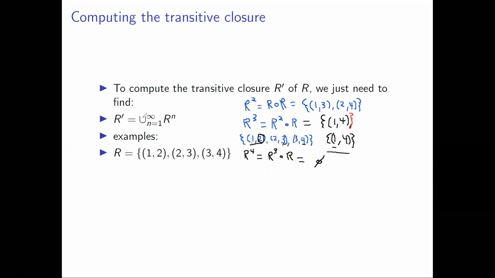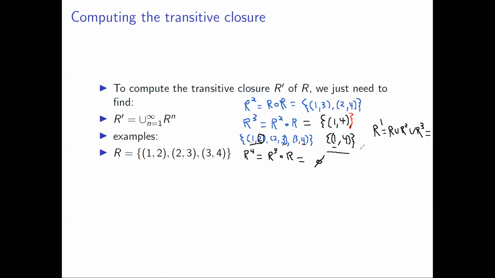So the union, it's actually just a finite union. But we write the infinity there because past a certain point, it's all empty sets. So our transitive closure for this one, r prime, is just equal to r union r squared union r cubed, because r to the 4th is the empty set.